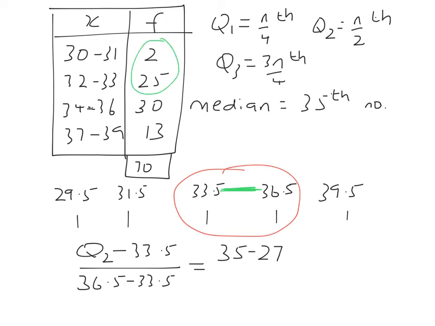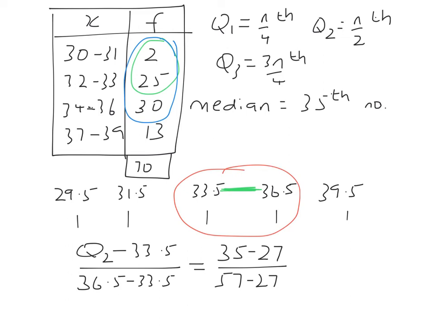So we've got 27 numbers up to that point. We're looking for the 35th number. So it's 35 minus 27, divided by 57 minus 27. 57 is the total of all these numbers here, and 27 is the green values here.